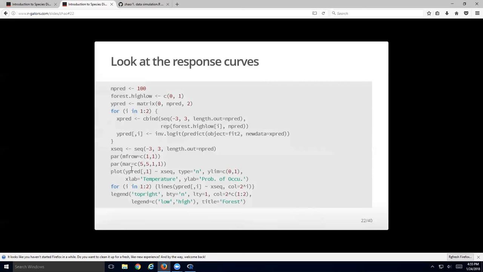Eventually, when we predict the y values, I plot the predicted y values against these fake covariates. But I have values for forest equals 0, and another set of values for forest equals 1. I think that's a loop here.